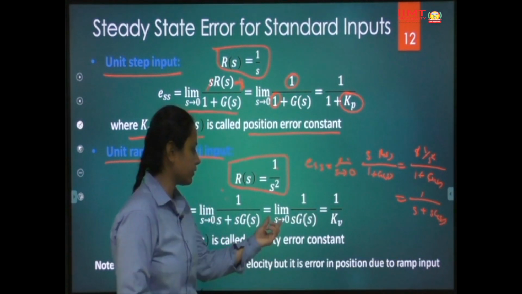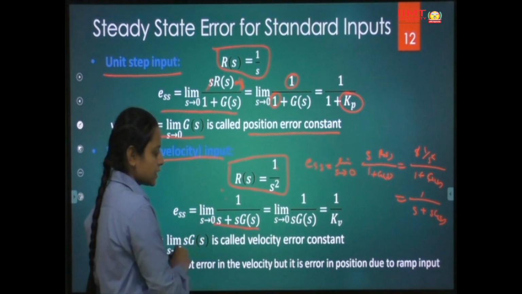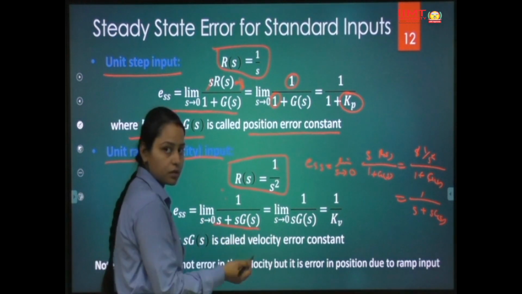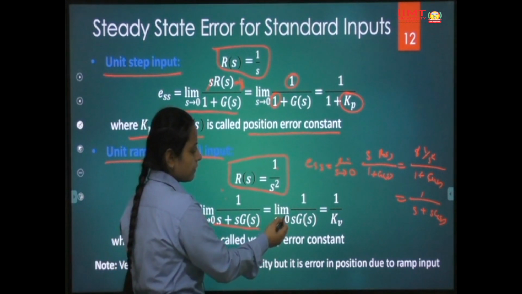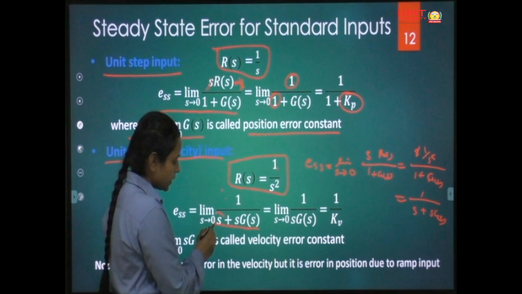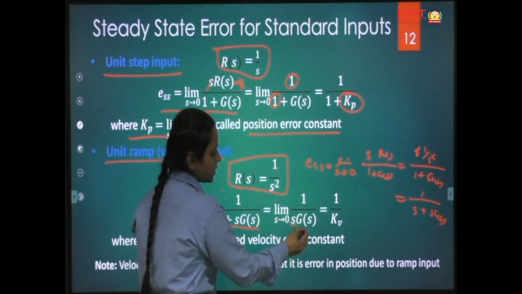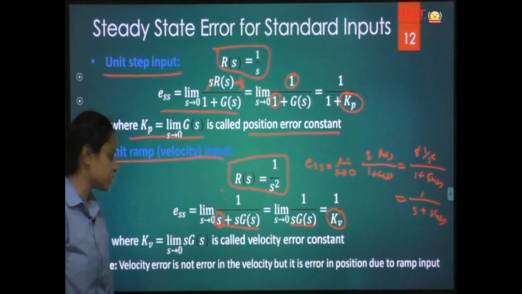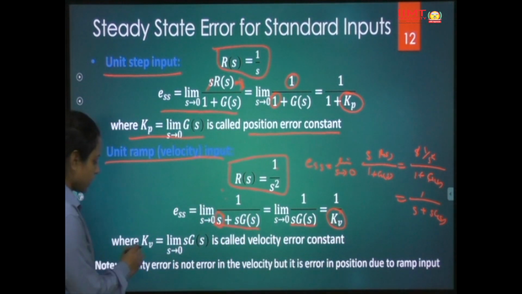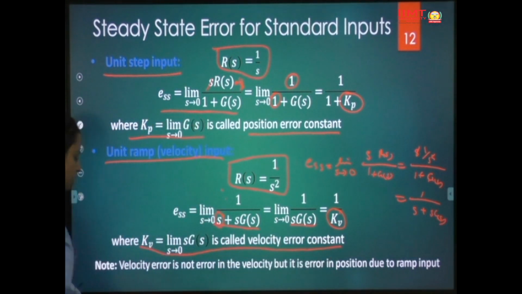So we have limit s tends to 0, 1 upon s plus sG(s). Using simple algebra, we get limit s tends to 0, this would become 0, so we will have only 1 upon sG(s), which can be written as 1 upon Kv, which is called the velocity error constant. Kv is limit s tends to 0 sG(s).